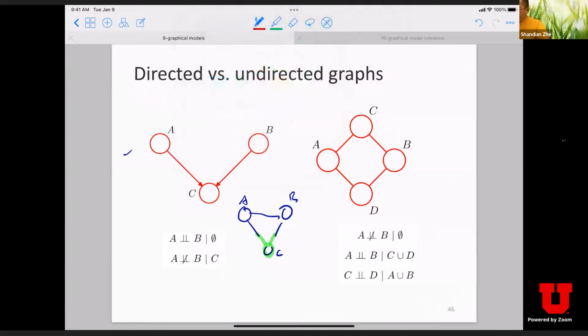However, after doing this conversion, we actually lose some property. From the original Bayesian network, we know that conditional on nothing, A and B are independent, and conditional on C, A and B are dependent. But after the conversion, do we have the same conclusion? Can we say A and B are independent of each other?